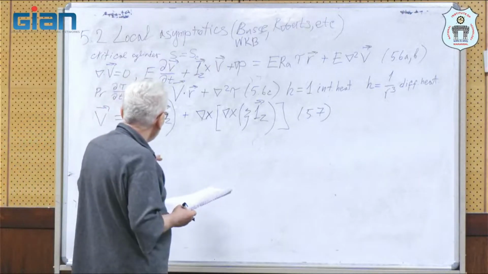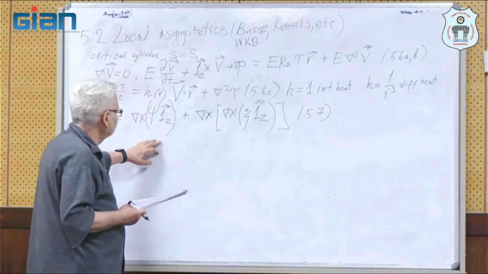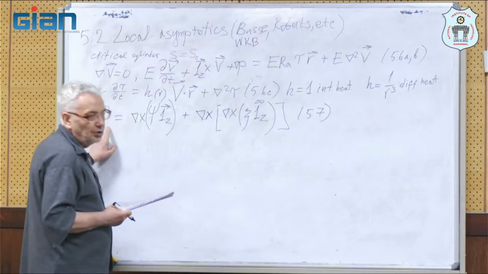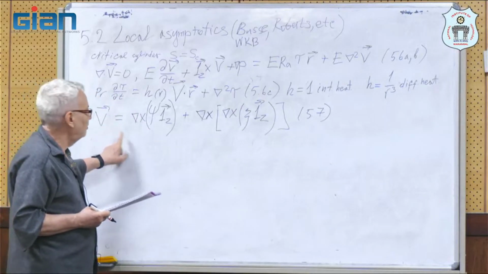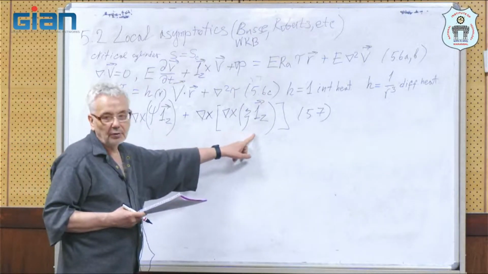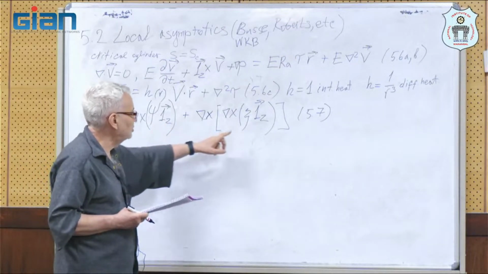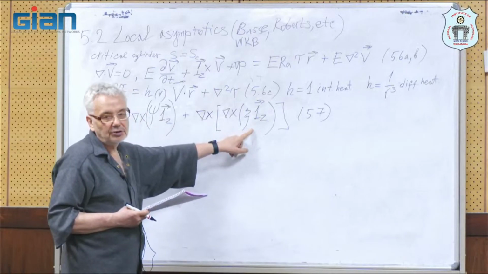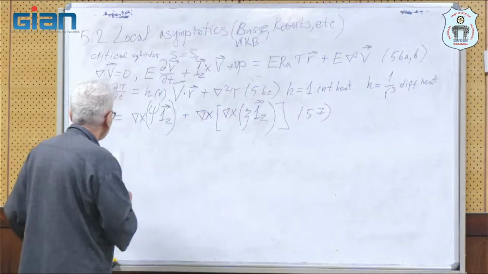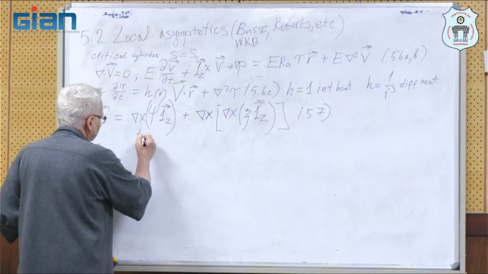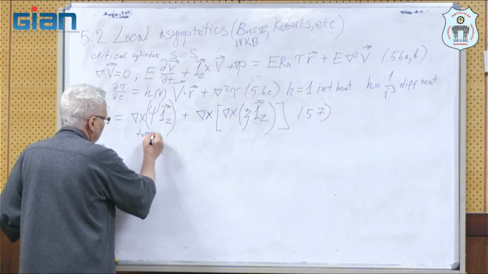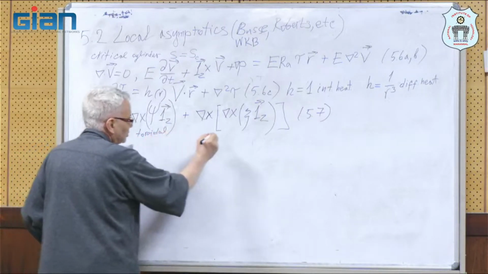And we also have another advantage of this approach, that instead of the 3 components of the velocity, we have just 2 components for the stream function. Here exactly for the stream function, and this is some analog of the poloidal component. So this is the toroidal component, and this is poloidal.